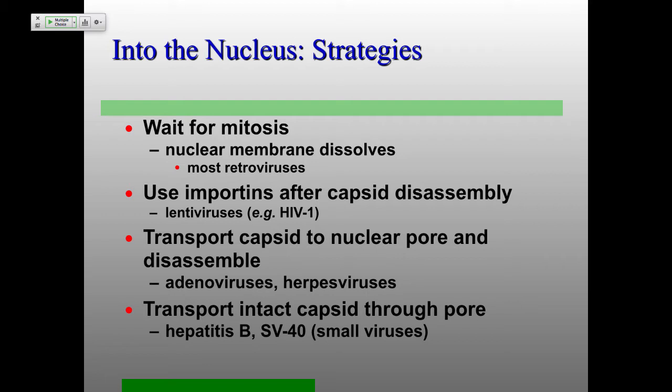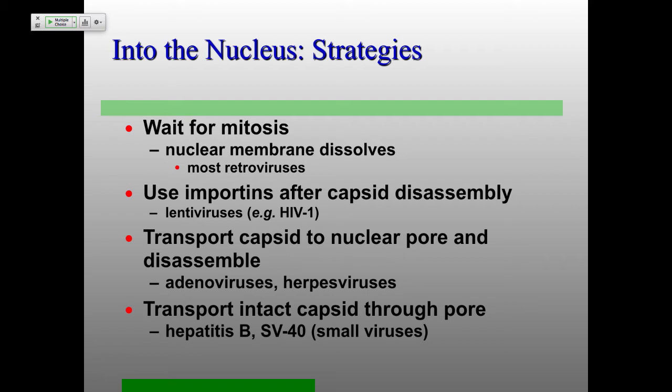You have a couple of cases where the capsid itself, either of a naked virus or the nucleocapsid that was present inside the envelope, gets moved to the nuclear membrane and then gets dissociated at the nuclear membrane. So this is getting back to Ian's question about the uncoating.